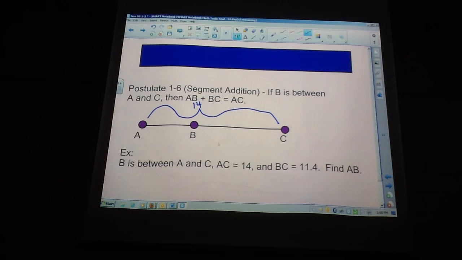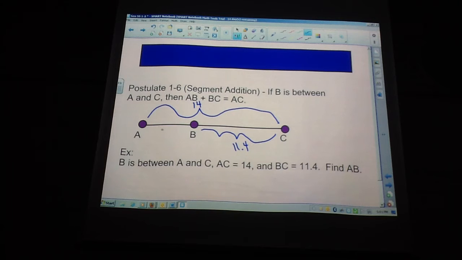And BC, well, that's just this little piece here. That is 11.4. So what we're missing here is the length of AB. Well, these two small pieces add up to equal the big piece, so we could write an equation for it. We could call this x, and then we add the other piece to it to equal the whole.